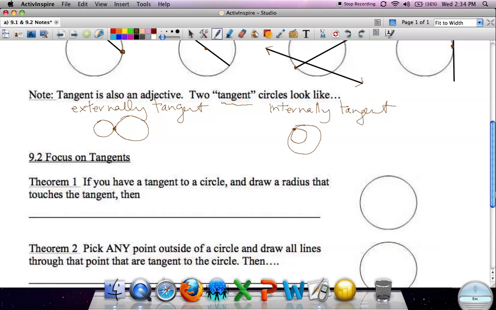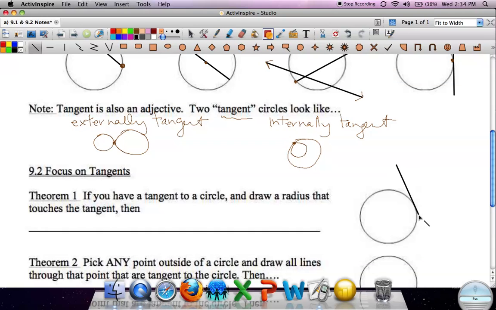Theorem number 1. If you have a tangent to a circle and draw a radius that touches the tangent, then... Alright, well let's draw it and see what it looks like. So we draw a tangent. It's going to touch at one point. And draw a radius that touches the tangent.